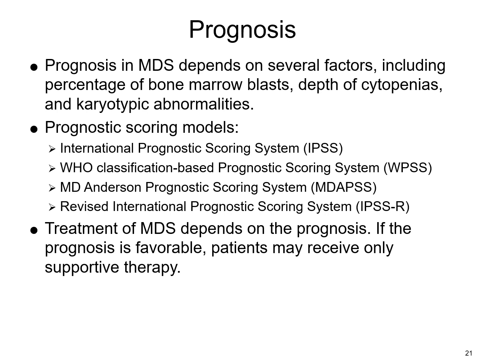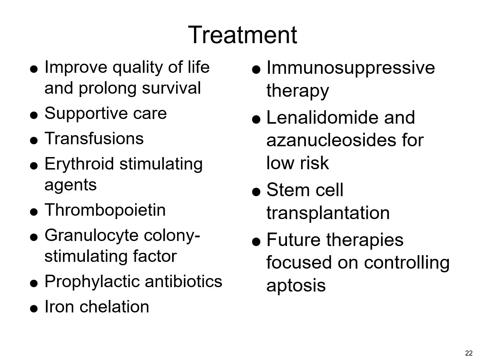So basically, treatment for the myelodysplastic syndrome depends on the prognosis. If the prognosis is favorable, patients may just get supportive type therapy. However, if prognosis demonstrates a more aggressive outcome, then obviously the type of treatment or therapy that's used is going to be ramped up a little bit. There are a variety of treatment options available to patients, and again, it's going to depend on what the prognosis is.